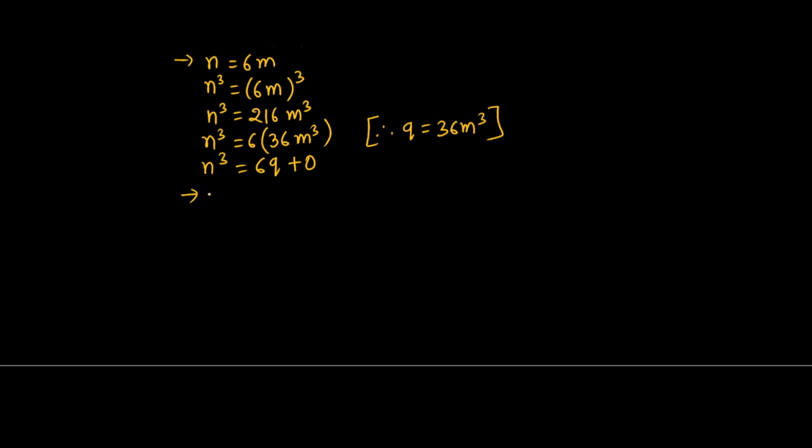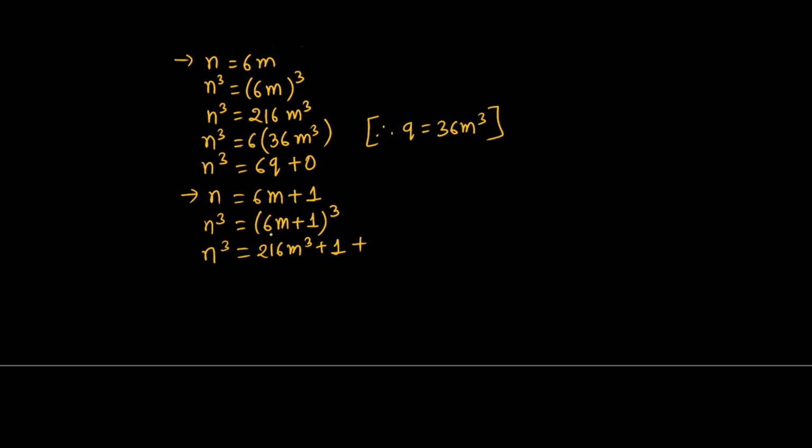So n is equal to 6m plus 1. So n cube is equal to 6m plus 1 whole cube. So we will cube both sides. So we will get a plus b whole cube, a cube, 216 m cube, plus 1, b cube, plus 3a square b.